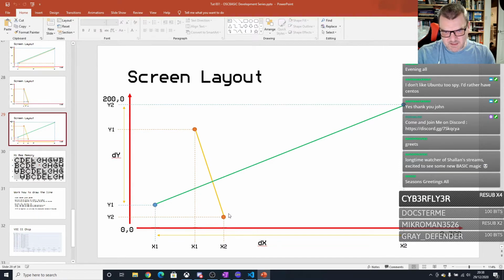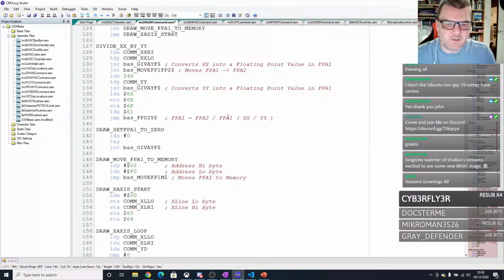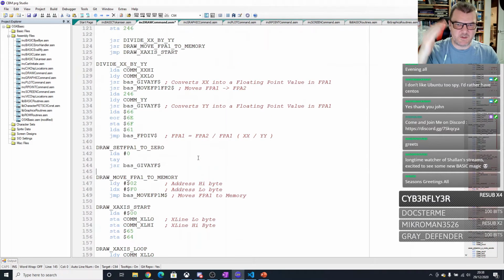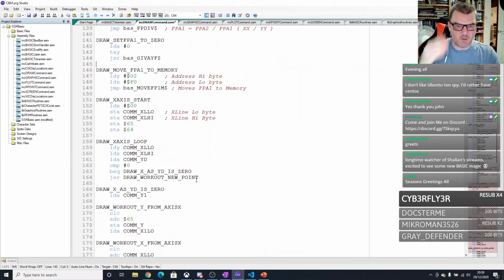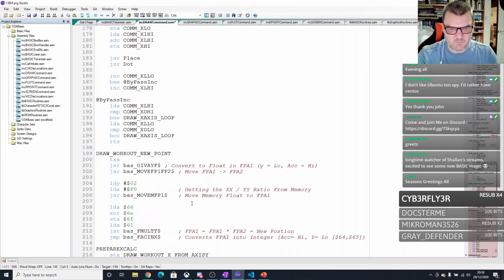But if we use this one, the difference in y is bigger than the difference in x. And so we don't have to do the multiplication. We don't have to do the divide and then the multiply. So we divide to get the ratio and then we multiply that ratio by the point. Now, we don't need to do that.